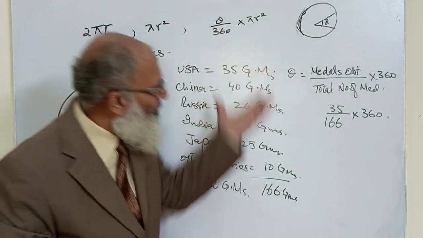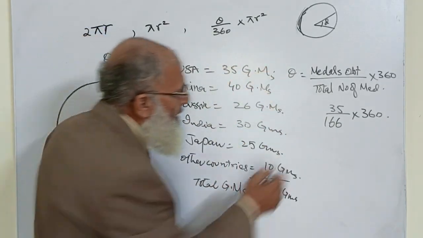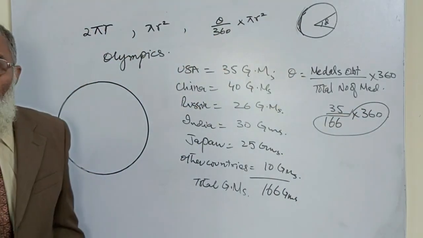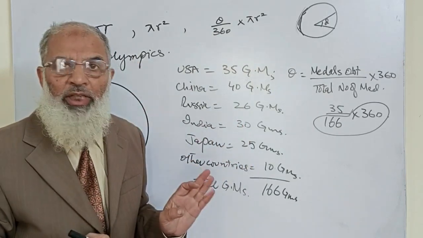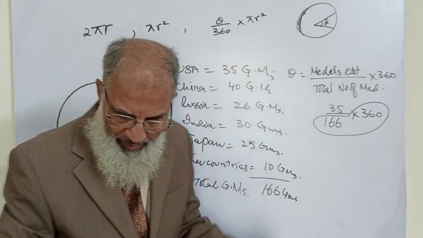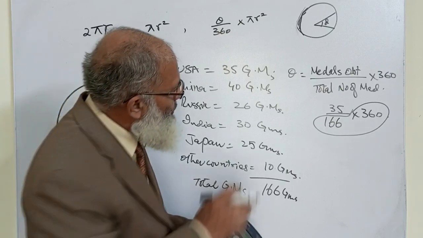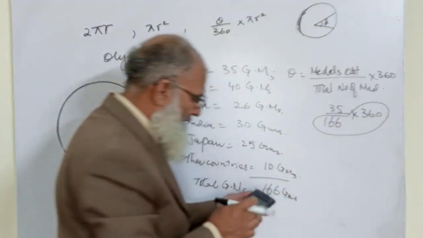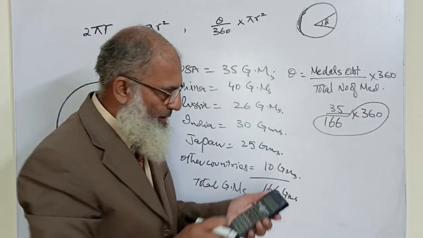Now you see, for one whole question, this amount will remain the same. So what you do, you just find the answer for this: 360 divided by 166.